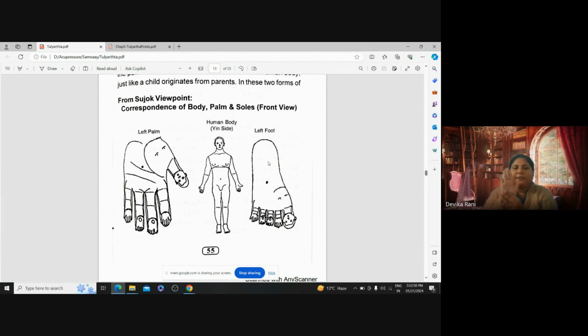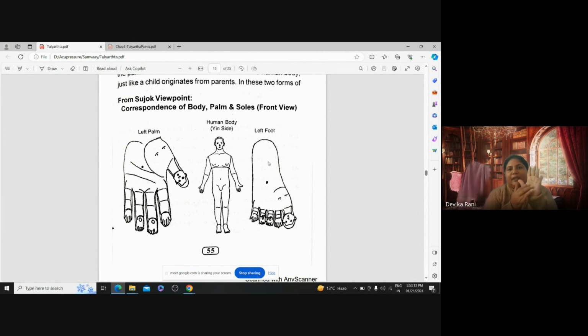And in Sujok, just note one thing that is sometimes asked in the exam. Anything is placed directly where the body part is. For example, if the liver is on the right side of the body, the primary correspondence of the liver is in the right hand.